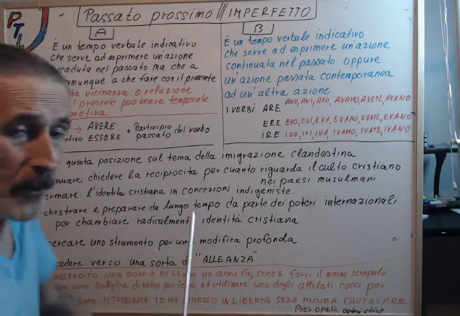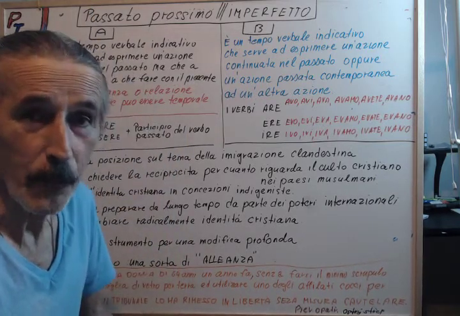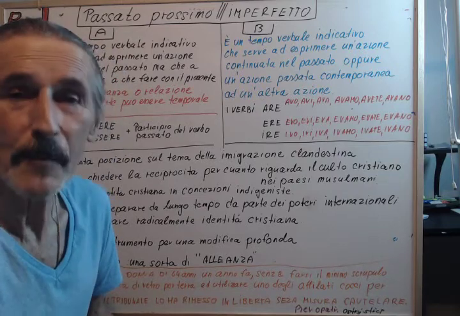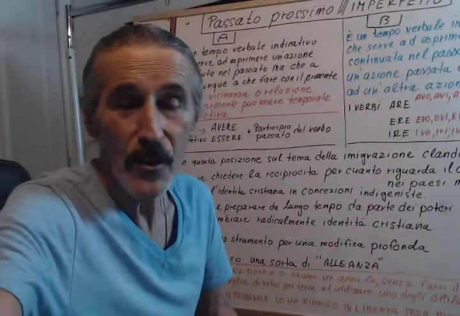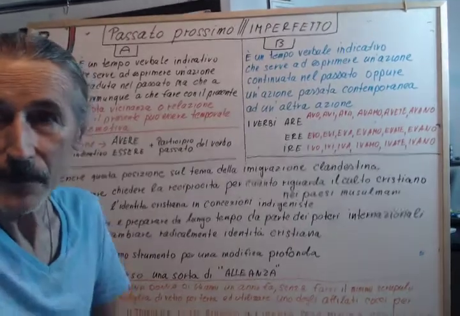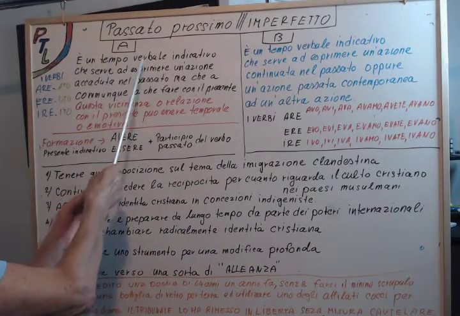I would like to specify one thing, that these lectures are designed for people who already have some basic knowledge in the Italian grammar. So what is this tempo verbale indicativo?